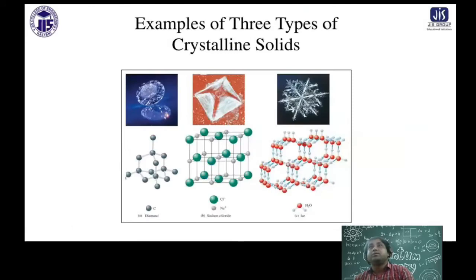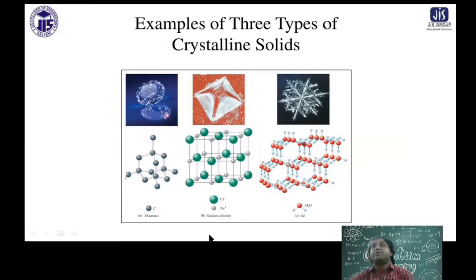And you can see these are some more examples. Sodium chloride crystal means table salt. Water crystal, that is ice itself, and diamond. You see so many good decorated items are there in the picture.